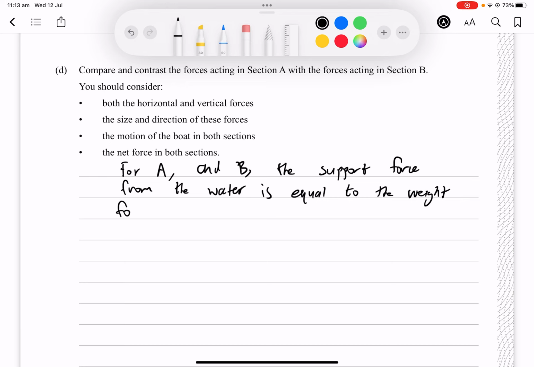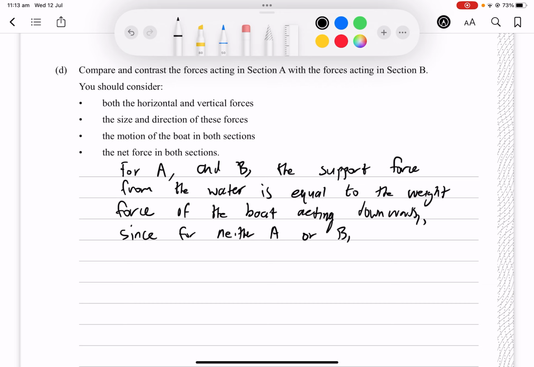And this is because the boat is not accelerating upwards or downwards, since for neither A or B is the boat accelerating downwards.